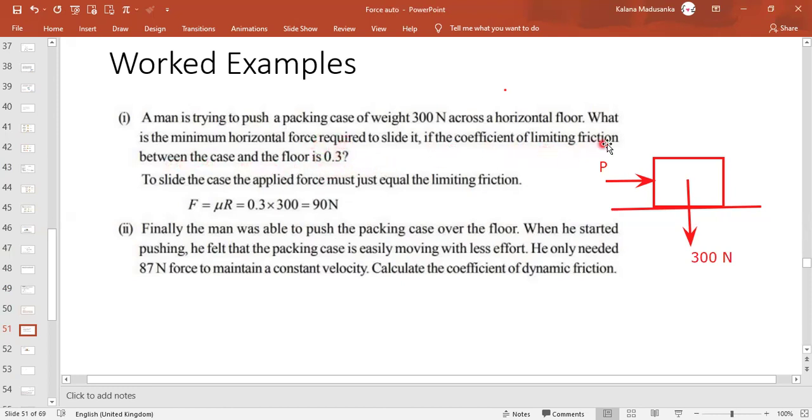Now this is the limiting friction force, coefficient of limiting friction. Now my question is, is it static or dynamic? Limiting means it is the maximum static friction force, which means it is still a static friction coefficient.